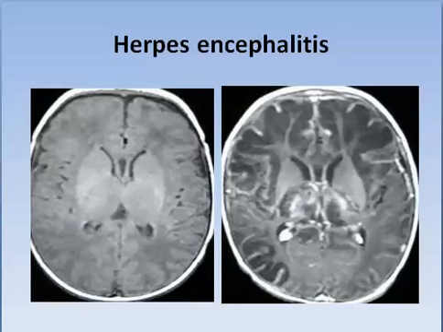Herpes encephalitis of the neonatal type 2 will result in the typical appearance of what we call cystic encephalomalacia, where the brain is destroyed and converted into multiple cystic changes, which soon shrink and are replaced by CSF.